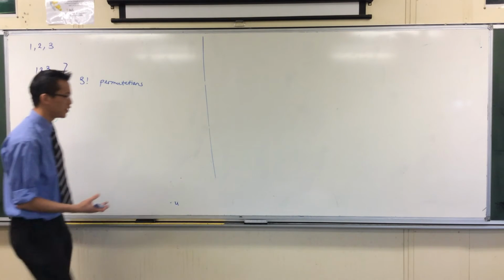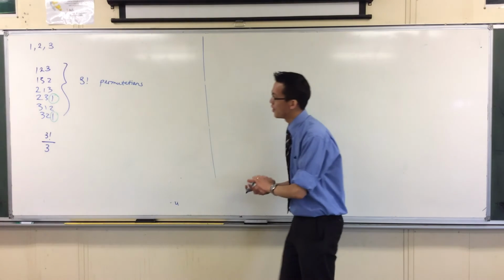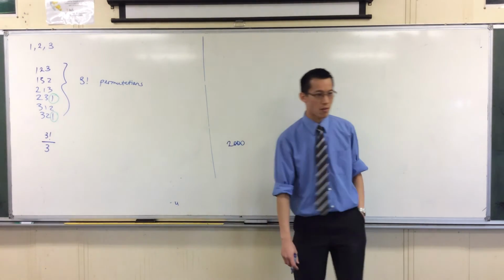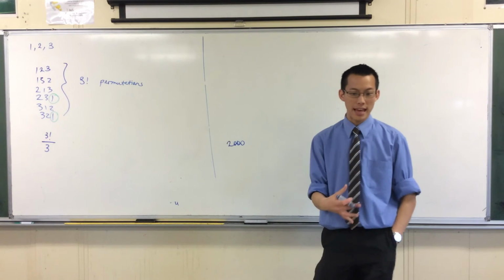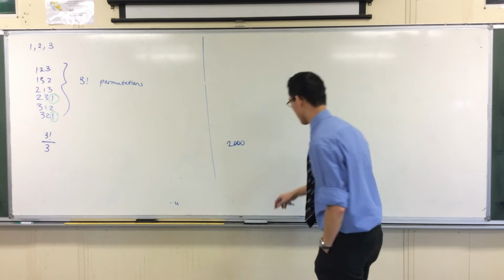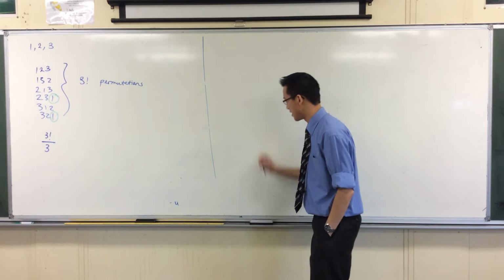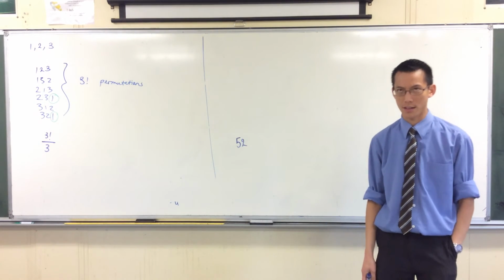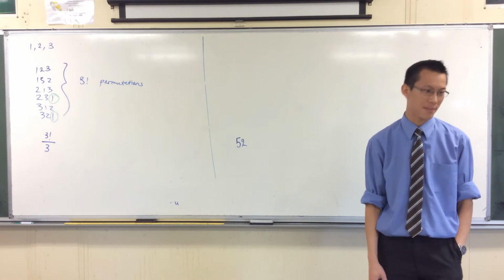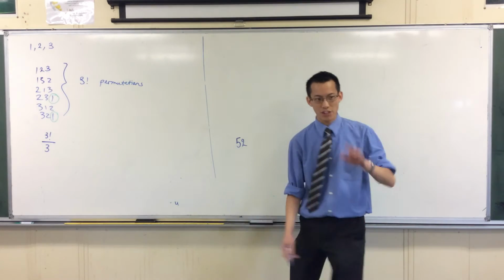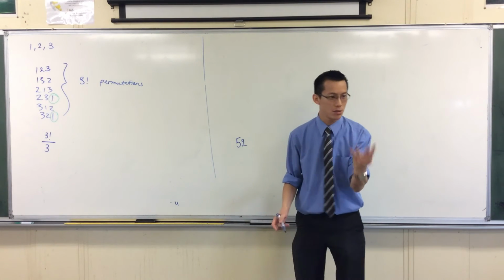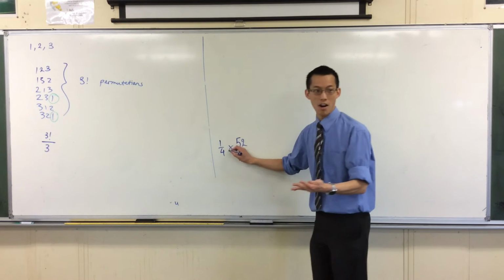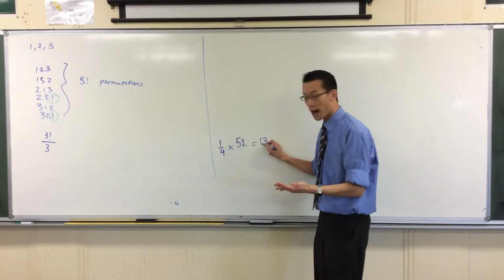If I said to you, I have 2,000 students in the school, and I want to pick out, no, that's a bad example, sorry. I have 52 cards in a deck, and I want to pick out the hearts. How many hearts are there? It's not just 13, there are 4 suits, so exactly 1/4 of my cards will be hearts.